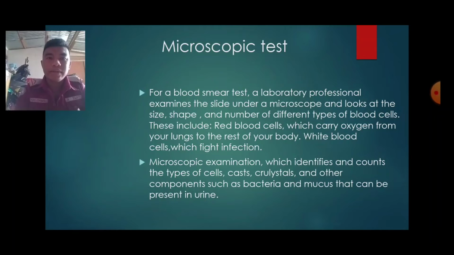These include red blood cells, which carry oxygen from your lungs to the rest of your body, and white blood cells, which fight infection.